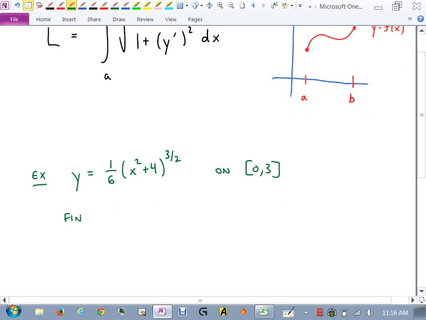Find the length. So we're going to take this very weird looking function and find the length of it on the interval 0, 3. Understand what we're doing?